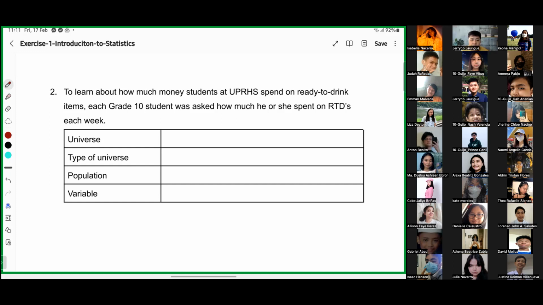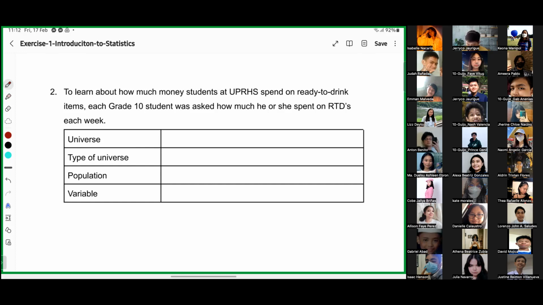Sir, pati po ba yung units bawal? Hindi naman, pwede naman in kilometers na lang. Sige, Ashlyn, who would you want to answer number 2? Si Allison Perez po. Allison, siguro naman di ako nakakasira ng pagkakaibigan. Go, Allison, read mo na.